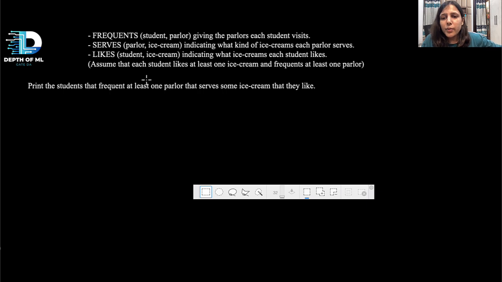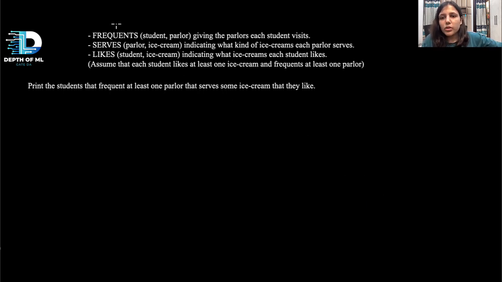Then you have frequent information, at least one parlor that serves. So serve information is there in the serves table: which parlor serves which ice cream, and some ice cream that they like. That is in the likes table, and frequents is in this table, right? So we have to somehow use three tables.